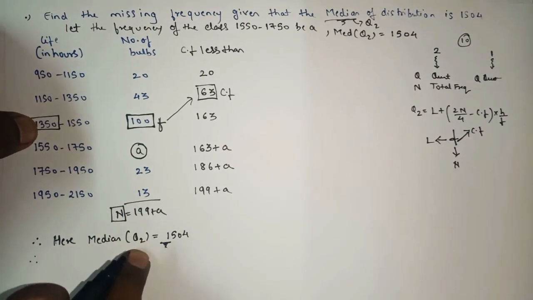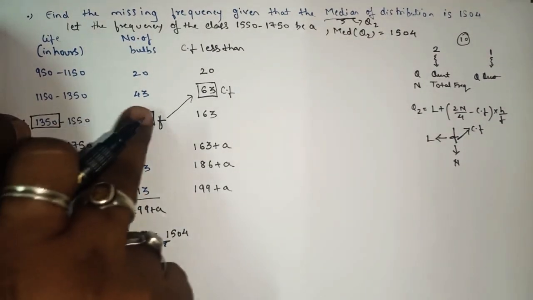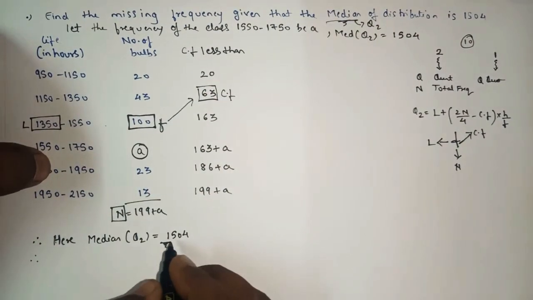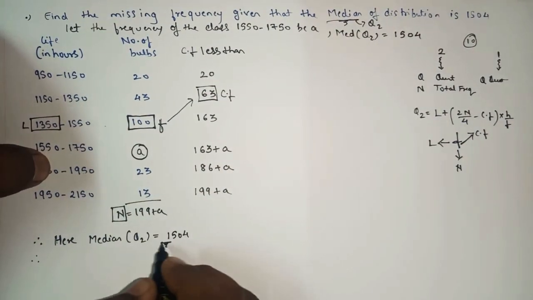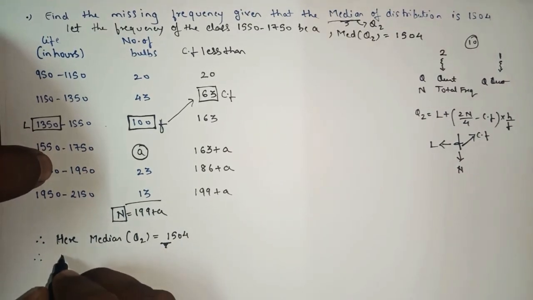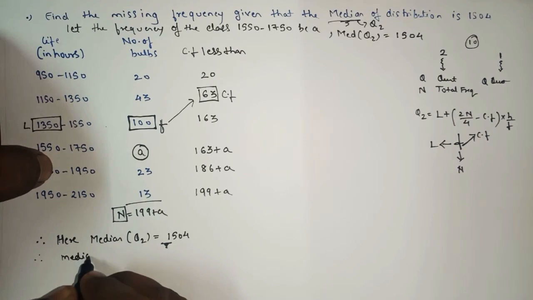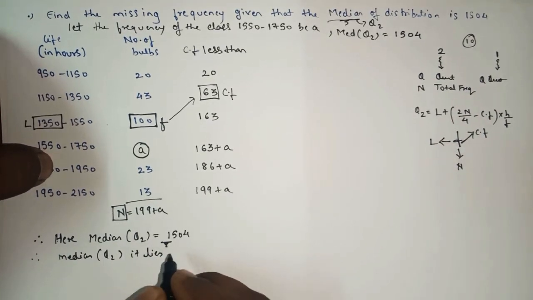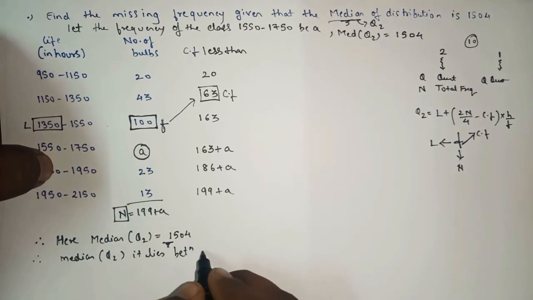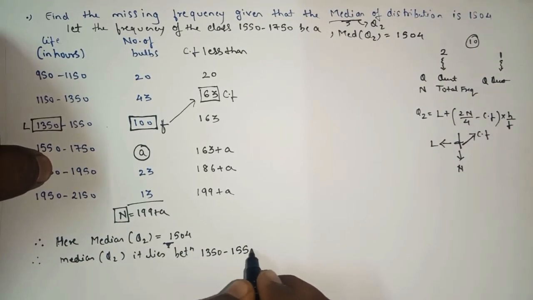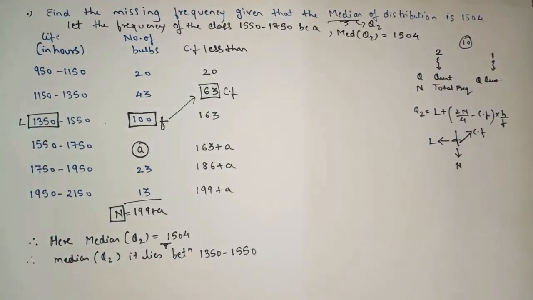With the help of the median, how to find the values of F, L, CF and N. Simply you have to check in which class this median value lies. As the median, that means Q2, lies between what? 1350 to 1550. Yes or no?